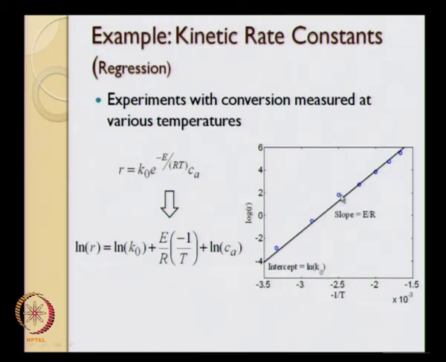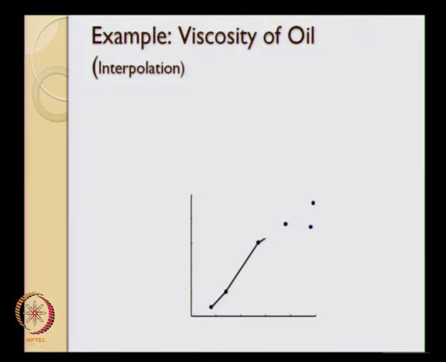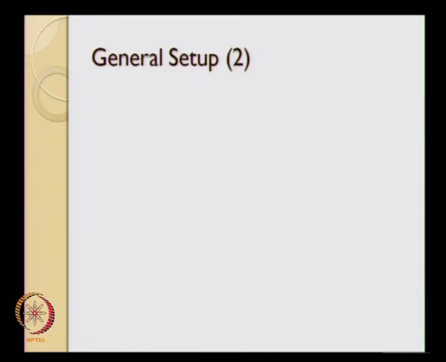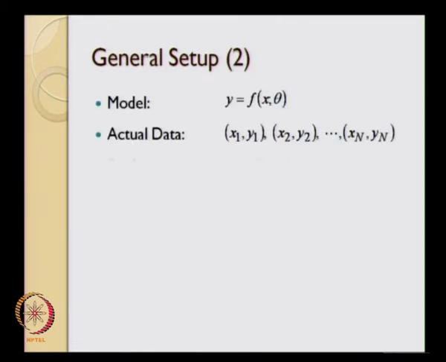So this data point will be called y, whereas this particular predicted value will be called y hat. Okay, so we have written the prediction equation in the form yi hat equal to f of xi semicolon theta.